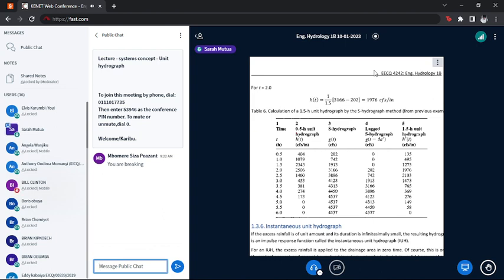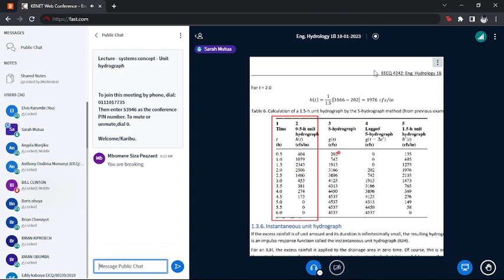In order to determine the S hydrograph, G of t, that is column 3. What is given in this particular case is the time t and the 0.5 hour unit hydrograph.